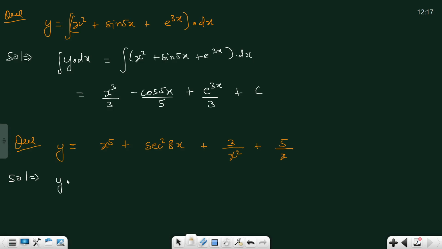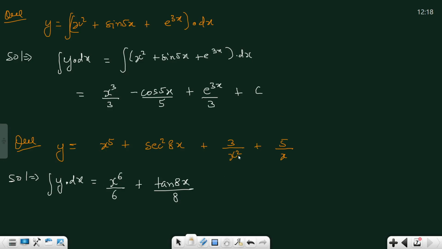Just tell me the solution, y dx. What will be the answer? So when you integrate x to the power 5, you will get x to the power 6 by 6. And when you integrate sec square 8x, you will be getting tan 8x by 8.